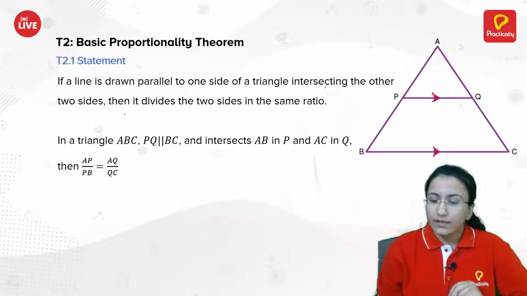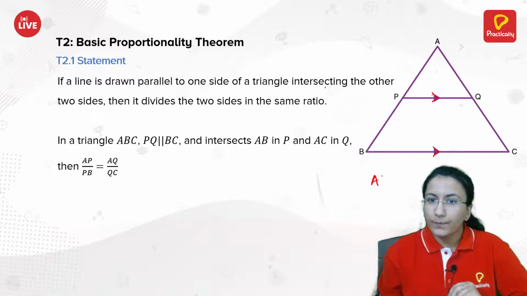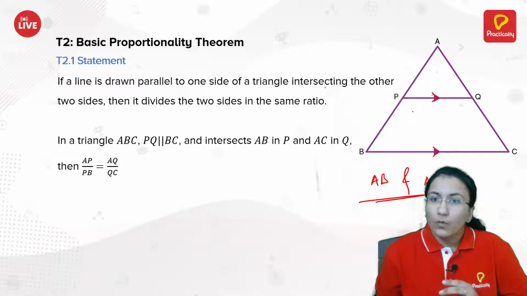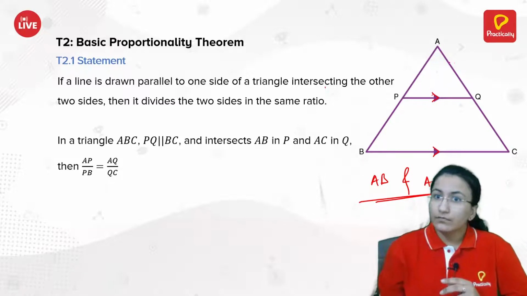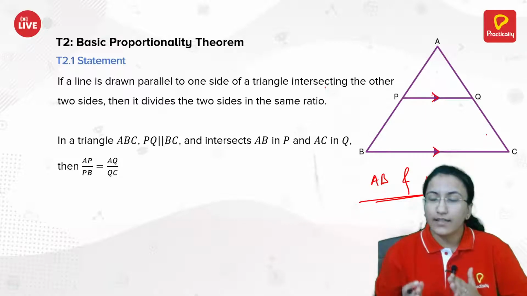Then what does this theorem state? Then it divides the two sides in the same ratio. These two sides AB and AC are the two sides where the line is intersecting, right? So if we draw PQ which is parallel to BC, then these points P and Q divide AB and AC in the same ratio.